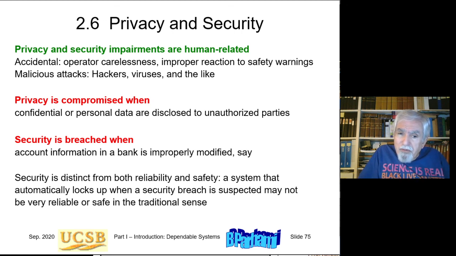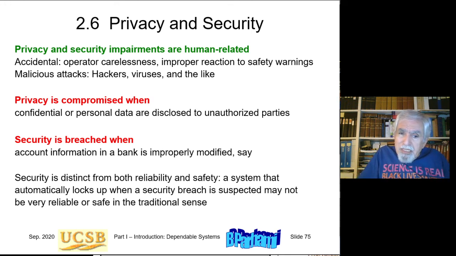Someone goes and modifies your account balance, for example, reduces it. Their security has been compromised. Privacy is when the person goes into the bank's computer and grabs your account number, various information about you, the social security number, and so on. Of course, both of these are important, but they're different concepts.